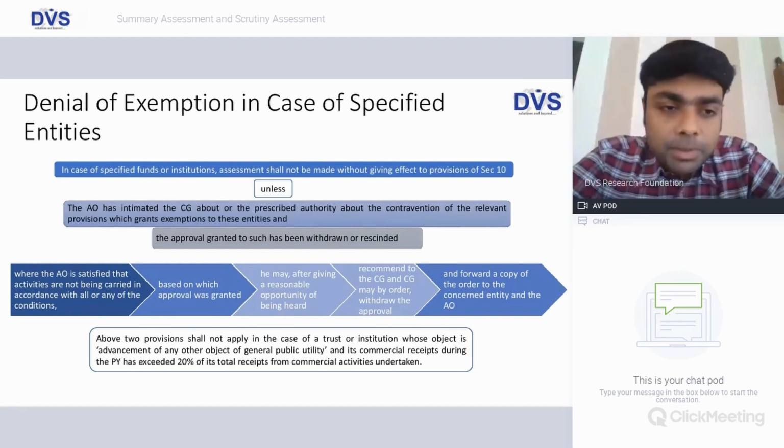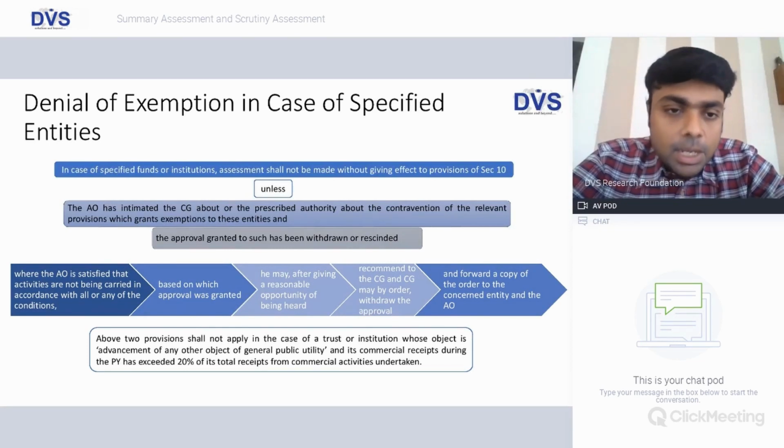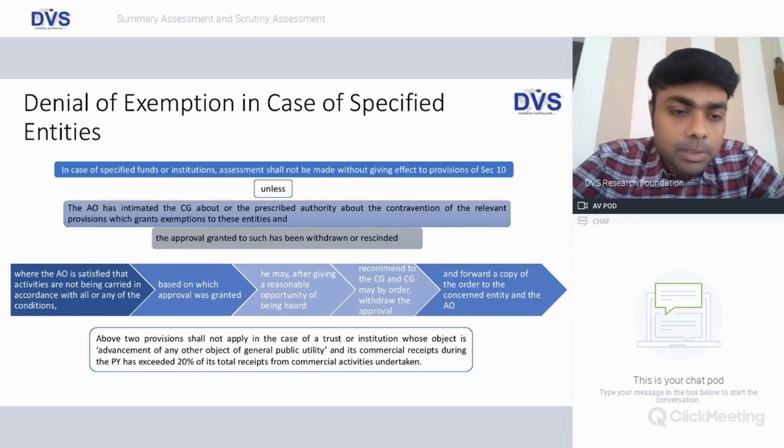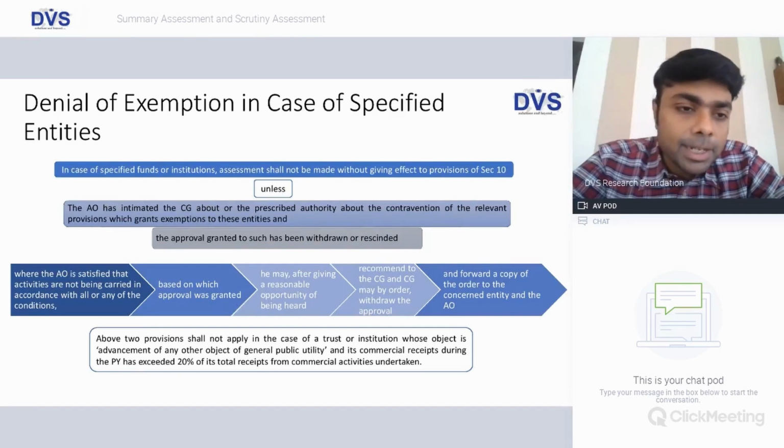So in case of specified funds or institutions, assessment shall not be made without giving effect to the provisions of Section 10, unless the AO has intimated the central government or the prescribed authority about the contravention, and the approval granted to such entity has been withdrawn or rescinded. So if you look at the case of Section 10 entities, let's say an educational institution or a university, or a charitable trust, there are cases where the income shall be exempt.